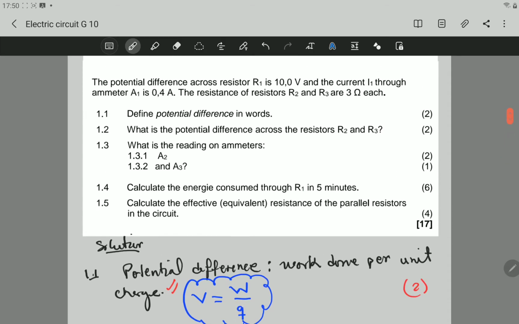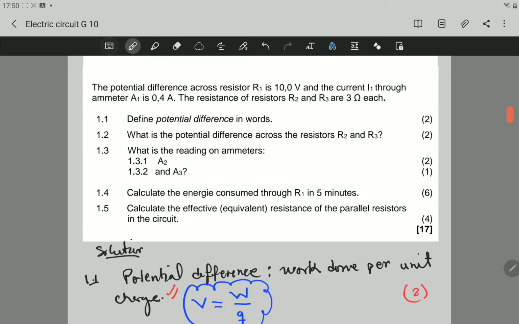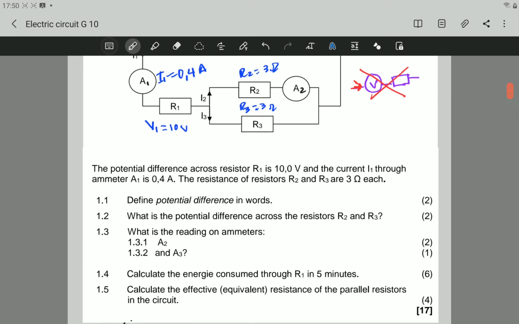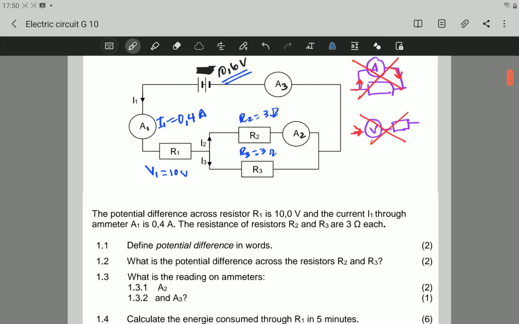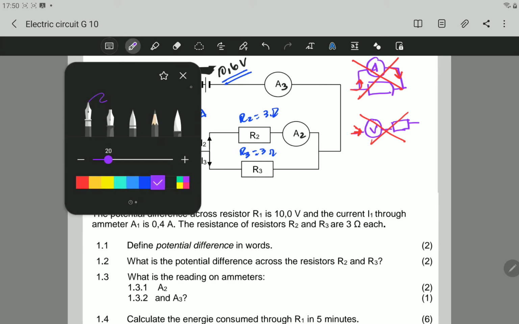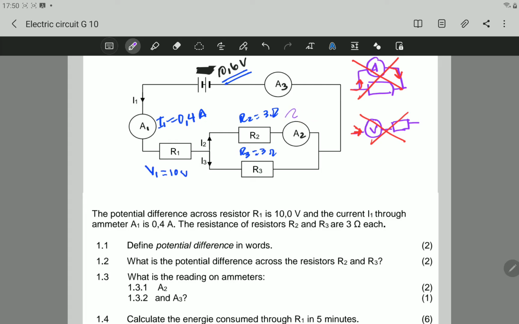Question 1.2 says what is the potential difference across the resistors R2 and R3. Now let's note the following. R2 and R3 are connected in parallel. All this connection here, we are going to call it the resistance in parallel.